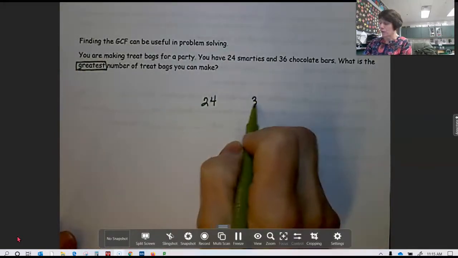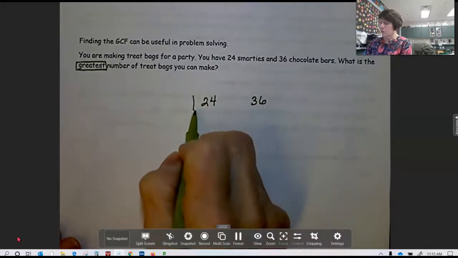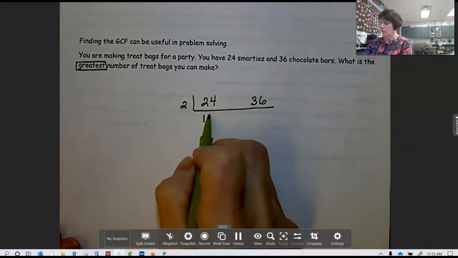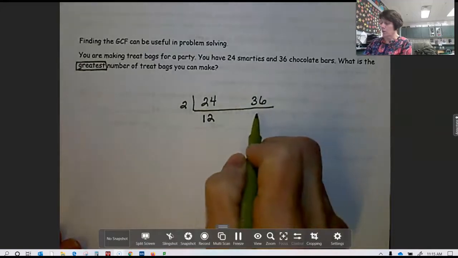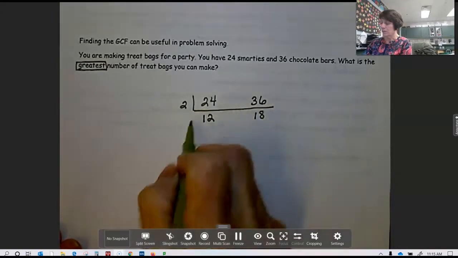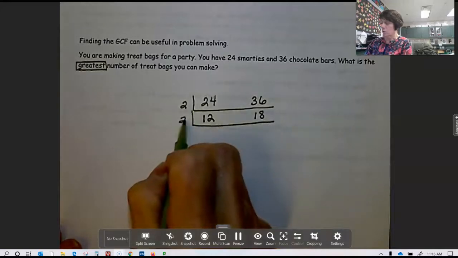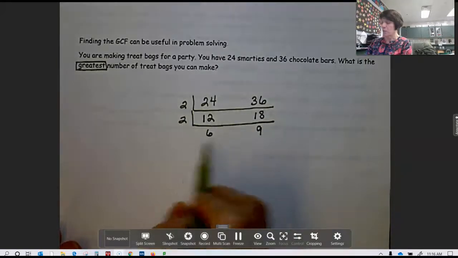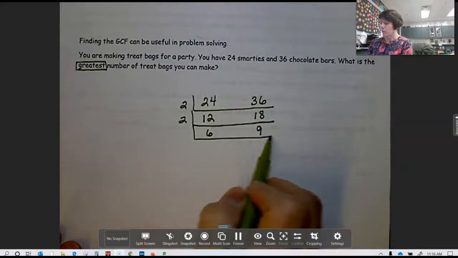So 24 and 36. The smallest prime that will divide into both of those is 2 because they're both even. 24 divided by 2 is 12. 36 divided by 2 is 18. We can divide both of those by 2 again. 12 divided by 2 is 6. 18 divided by 2 is 9. We can divide both of those by 3.